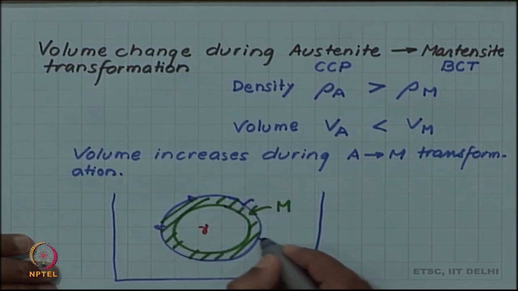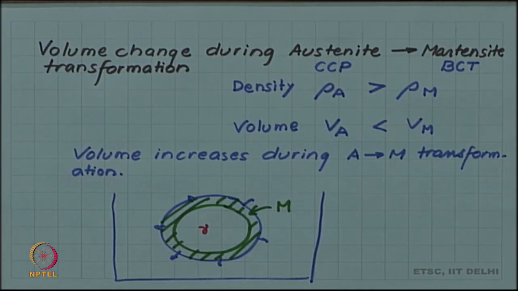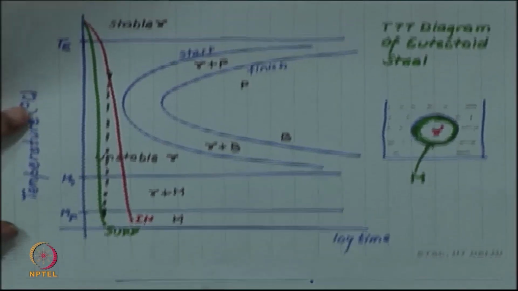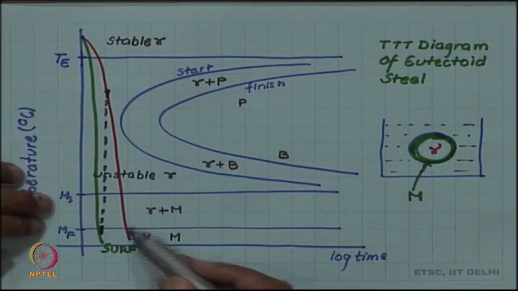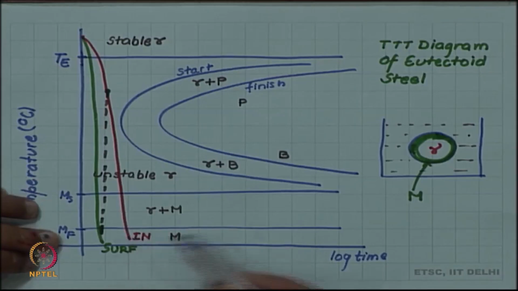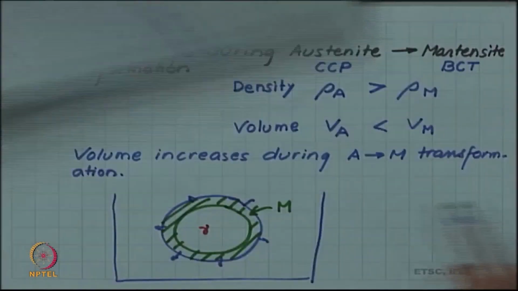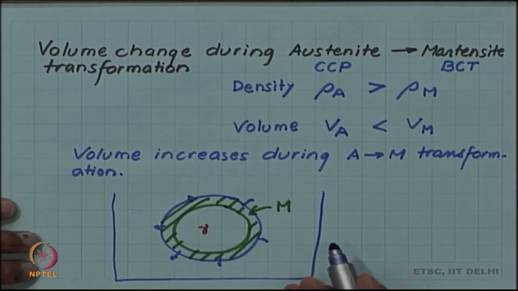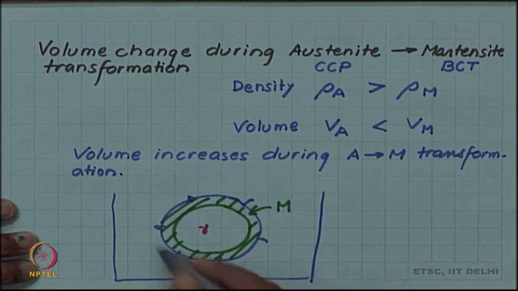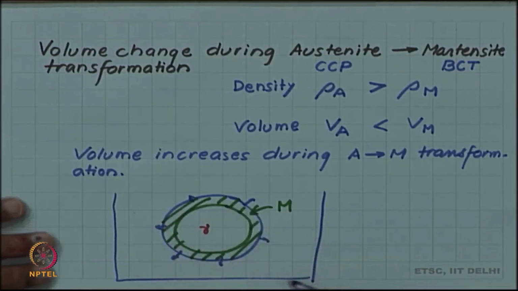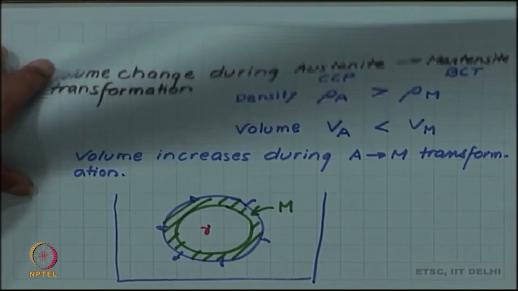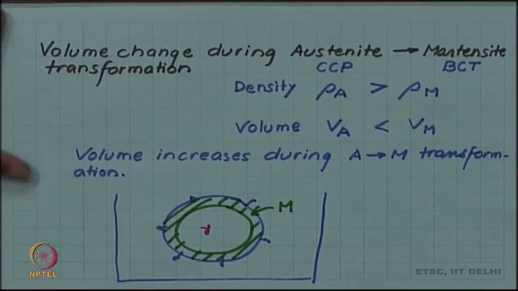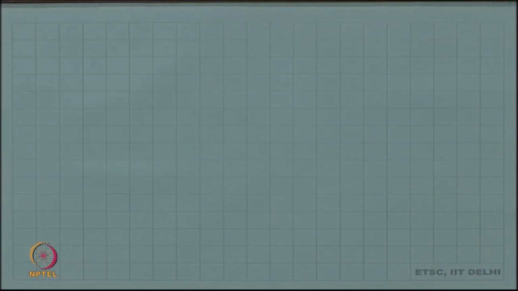So, outwardly there was no constraint for volume expansion, but later on when the inside also crosses martensite start and martensite finish and it wants to transform to martensite, this gamma will also like to expand, but then it is inside a hard and brittle martensite casing. So, there will be a resistance for this expansion leading to stresses.